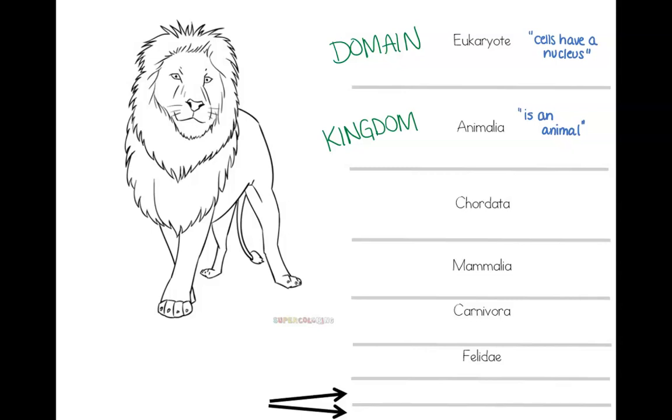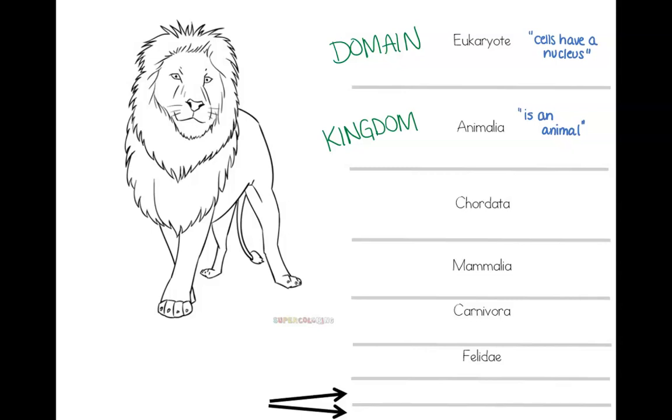Now, again, this is a pretty general statement about a living thing. There are a lot of living things that are considered animals, right? And so, even though we got a little more specific, we still are pretty general. So, what we're going to do is keep moving on with our levels.